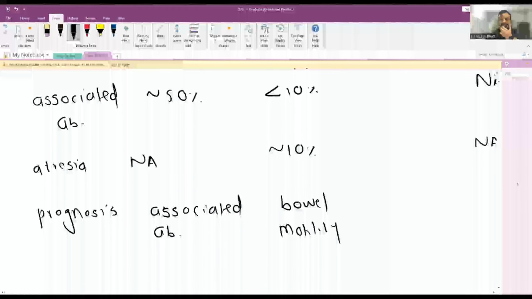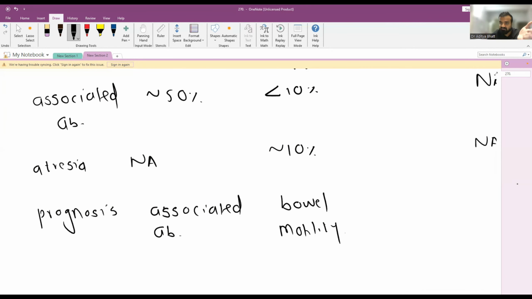Now you have to understand that amniotic fluid decreases bowel motility. There is direct contact with amniotic fluid in gastroschisis, so the bowel motility is usually absent. In omphalocele, unless the pouch is ruptured, bowel motility is normal, because there is usually no direct contact with the amniotic fluid due to the covering.